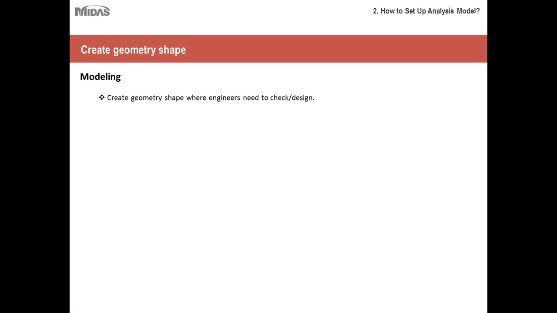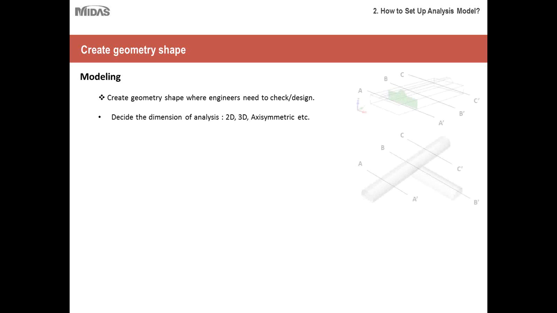So while creating the geometry, first of all, engineers have to decide which part of the entire topography they have to create the geometry for, to what extent they have to create the model for, and depending upon what type of structure they are dealing with, they have to decide the dimension of analysis, whether a 2D model will be sufficient or a 3D model will be needed.